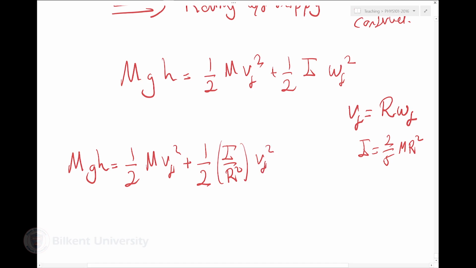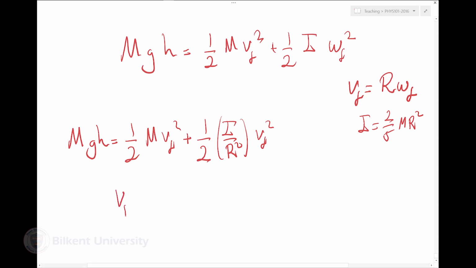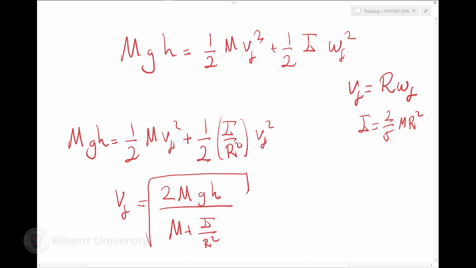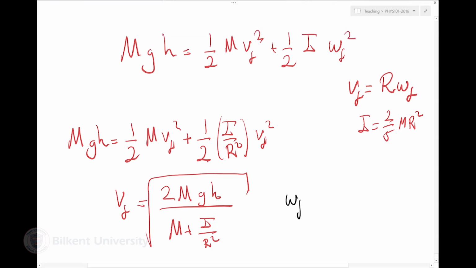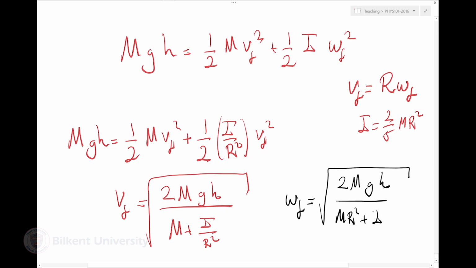Right, omega f is V over R. So Vf is the square root of 2mgh divided by m plus I over R squared. Similarly, omega f I can just find by dividing this by R. Omega f would be the square root of 2mgh over m r squared plus I. Right?